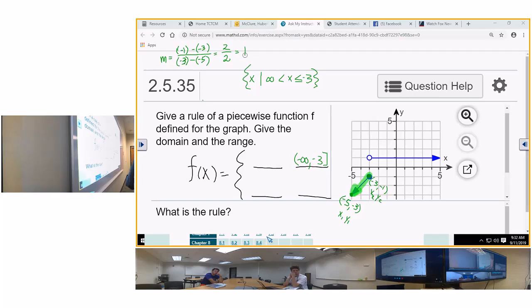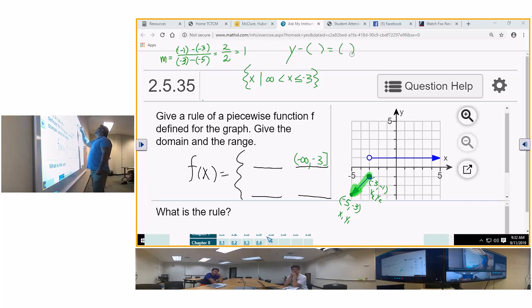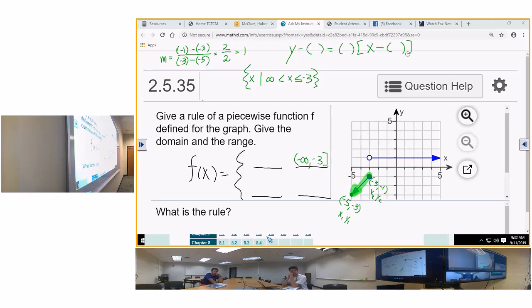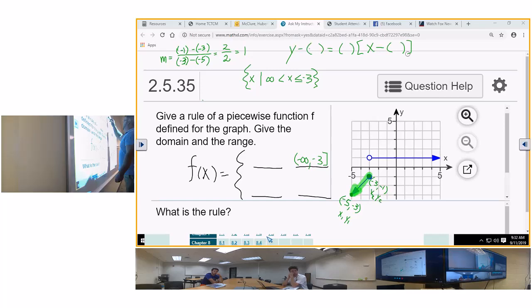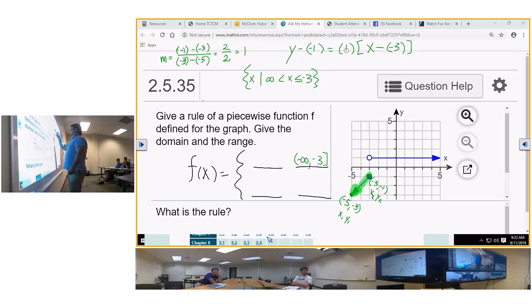Now we use our point slope equation. And which point do you think I'm going to use? Keep it simple. Negative 3, negative 1. So we put a negative 3 here, a negative 1 here, and a negative 3 here, and a 1 there.